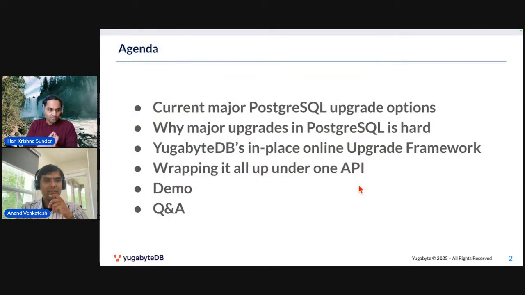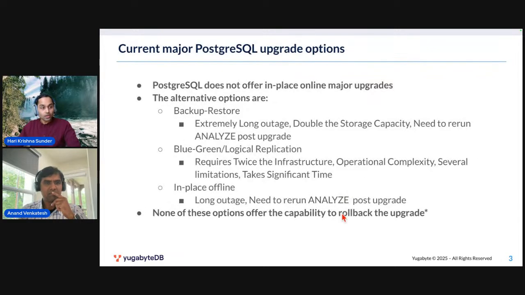We'll cover what Postgres natively supports today and why major upgrades in Postgres are such a hard thing, the solution that Yugabyte has come up with, and then how we make it simple for everyone to use. We'll have a demo as well, and tons of time for Q&A at the end. Also, if you have any questions, feel free to post them on YouTube or LinkedIn, and we'll be more than happy to answer those.